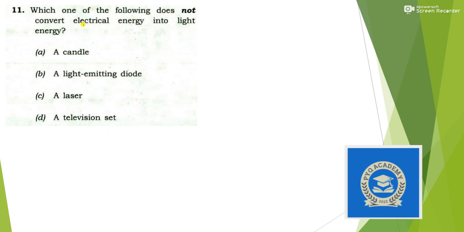Which one of the following does not convert electrical energy into light energy? This question is taken from the chapter Sources of Energy, which I think is the 13th chapter of class 10 NCERT. So electrical energy to light energy.